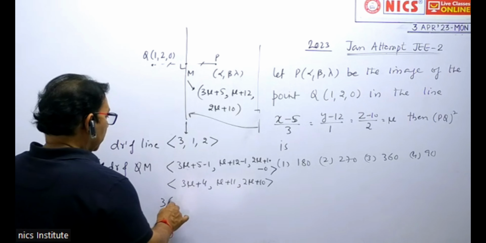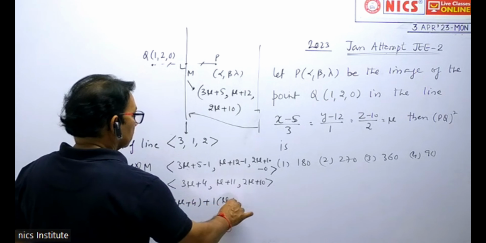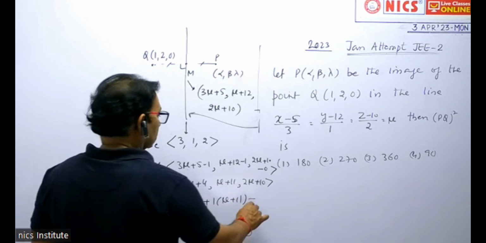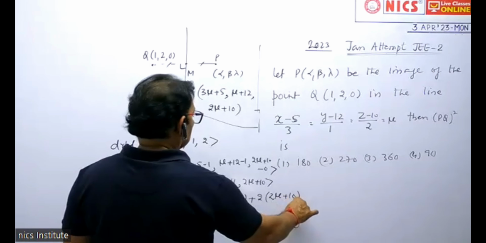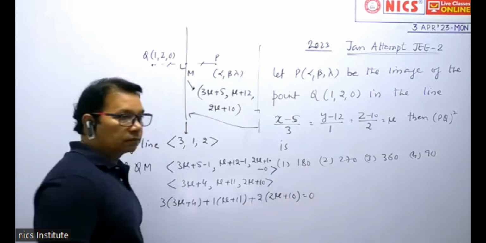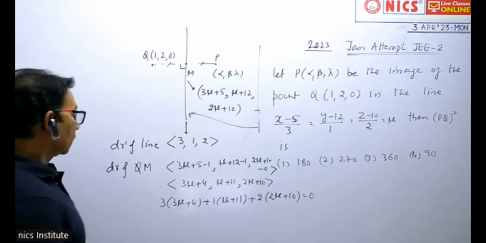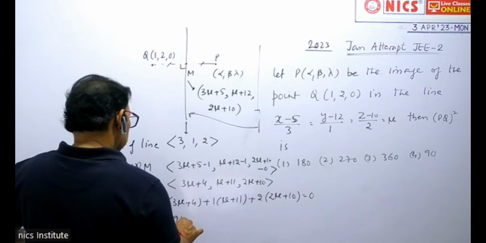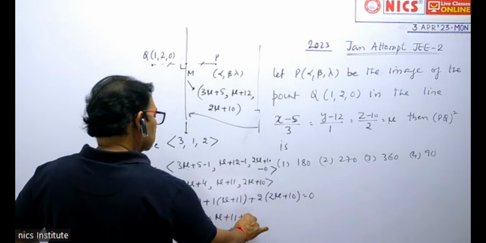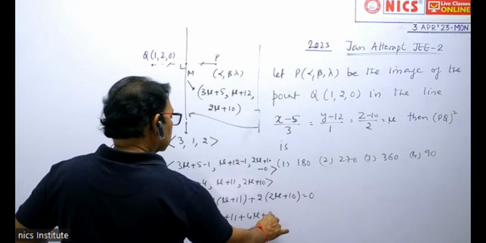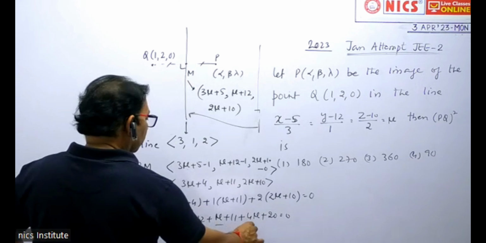So that means 3 into... at each and every step, check. You have to be doubly sure, because if you make a mistake here, your point will also be wrong.